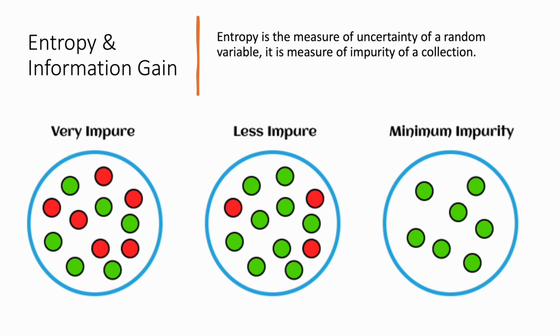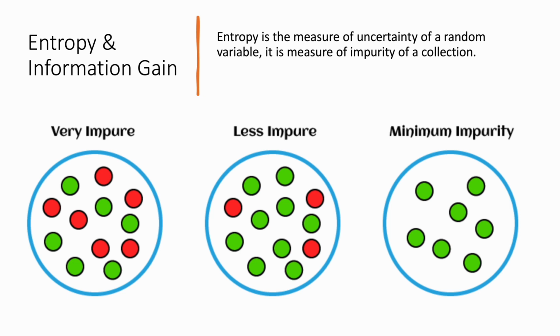This is the concept of entropy. In this particular case, it's very impure, highest entropy. This less impure, medium entropy. This is a low entropy situation, because only one class is present. If there is a mixture of both classes in equal quantity, that is a very highly impure situation. This is the concept of entropy.